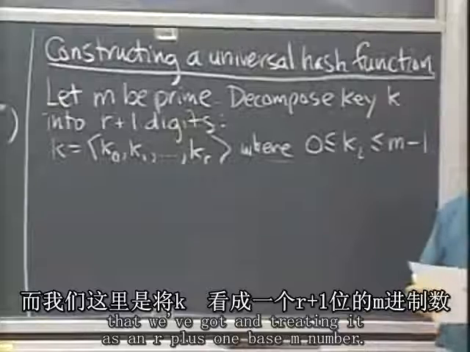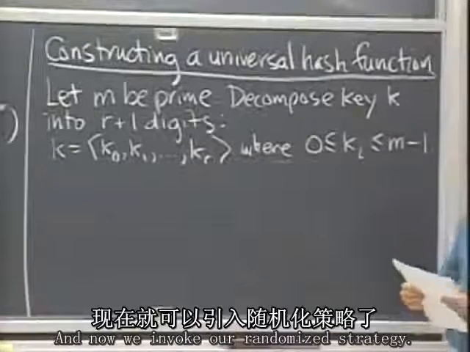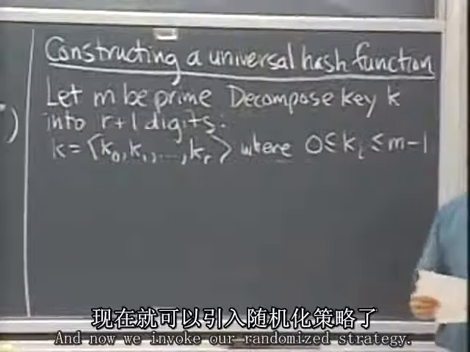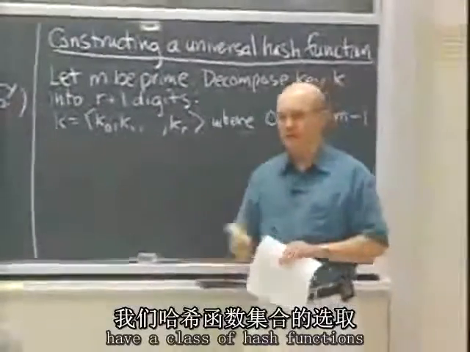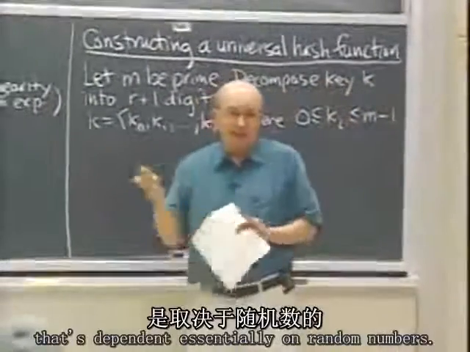And now we invoke our randomized strategy. The randomized strategy is going to have a class of hash functions that's dependent essentially on random numbers.